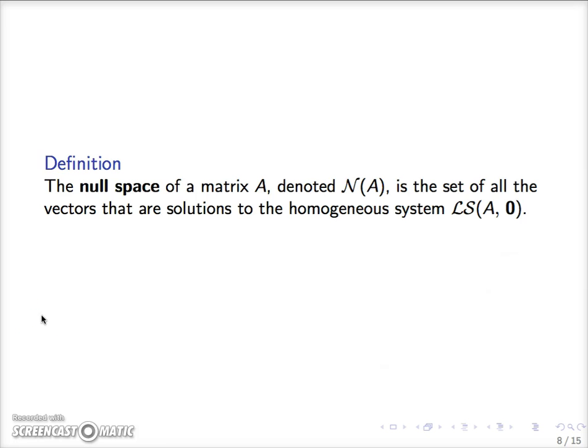And so here we have a definition. This will be a set, and this set is denoted with this notation. This is an N for null, a fancy N, referring to a matrix. So the null space of a matrix, N(A), is the set of all vectors that are solutions to the homogeneous system that has that matrix as the matrix of coefficients.